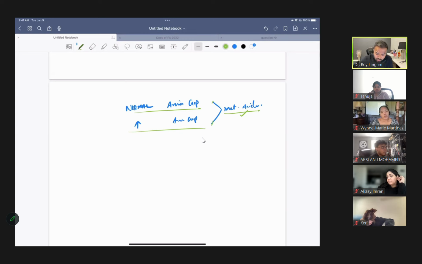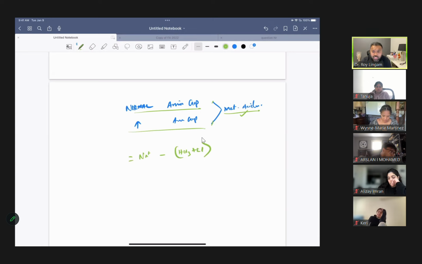Now, what is this anion gap? It's sodium minus something. That's an equation, right? To calculate the anion gap, you use sodium minus bicarb plus chloride. That's the equation, isn't it, folks? That's an equation, not a definition.